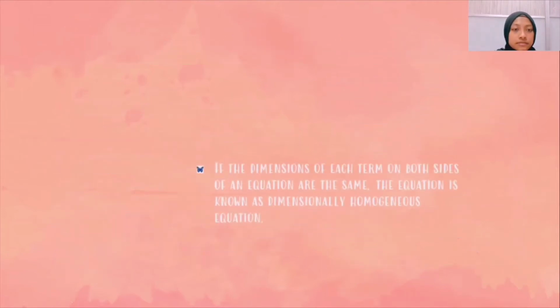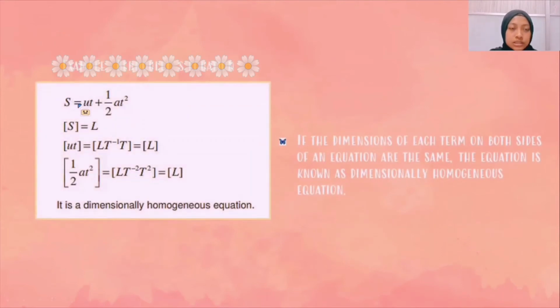For example, S equals ut plus half at squared. So the dimension of S is L, the dimension for ut is LT^-1 times T, which equals L, and the dimension for half at squared: half is dimensionless.